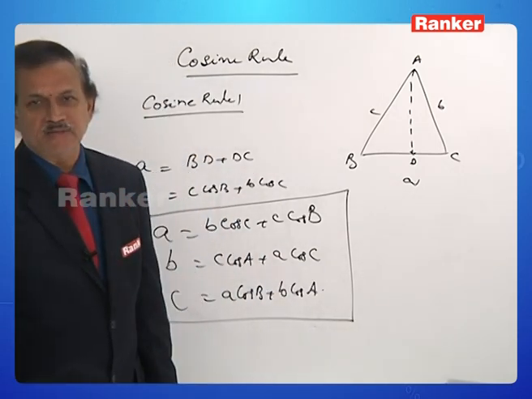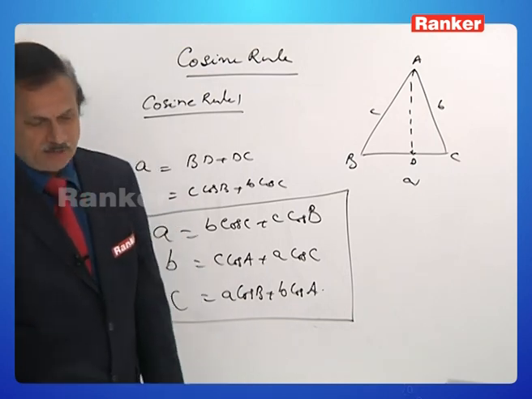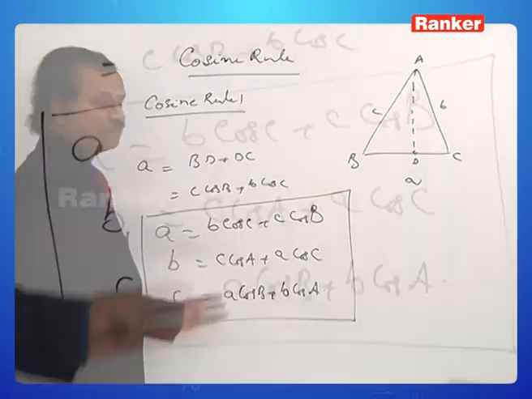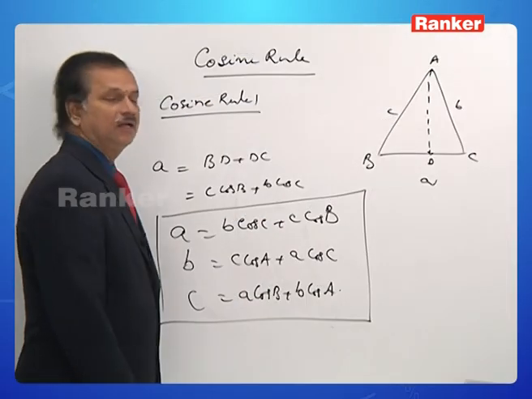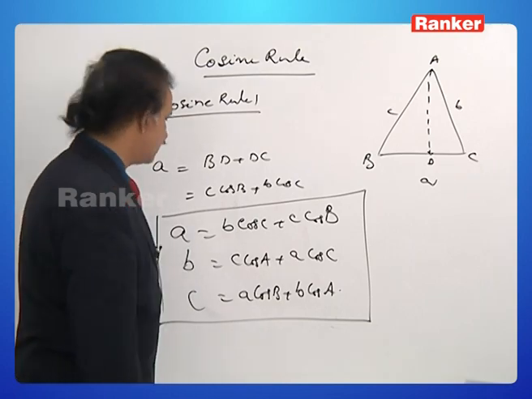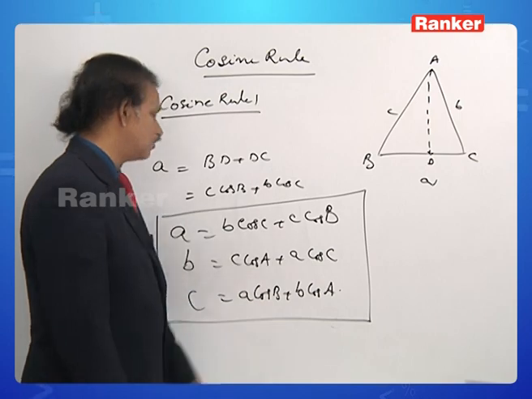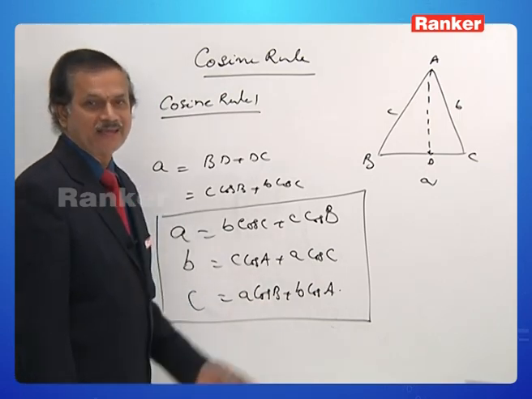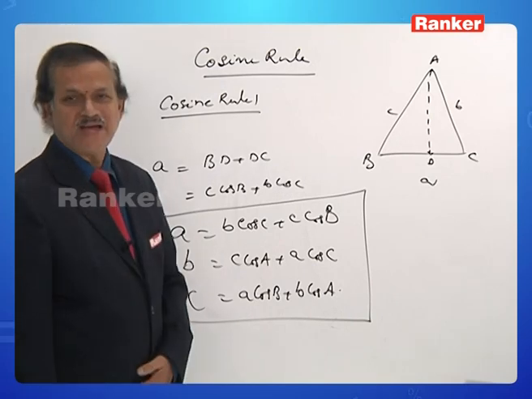In this one, we have three different formulae for small a, small b and small c. Small a is equal to b cos C plus c cos B, small b is equal to c cos A plus a cos C, and small c is equal to a cos B plus b cos A. This is what we call cosine rule 1.